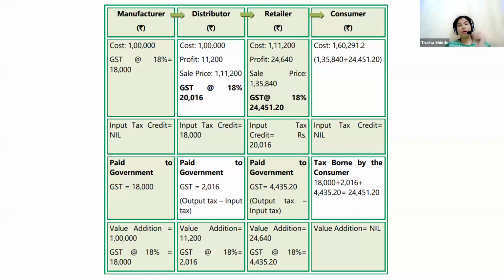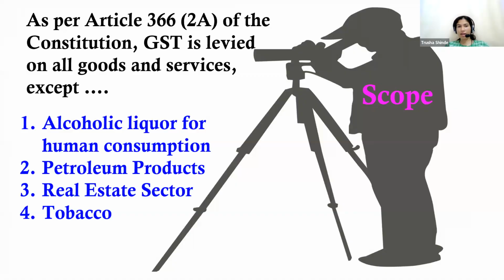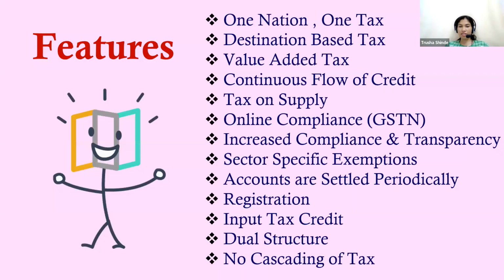Again, for the retailer, the same process applies, but the consumer ultimately has to bear the whole thing. So whatever the value additions are, they are considered and rated. Today we have covered the important highlights of the GST part.